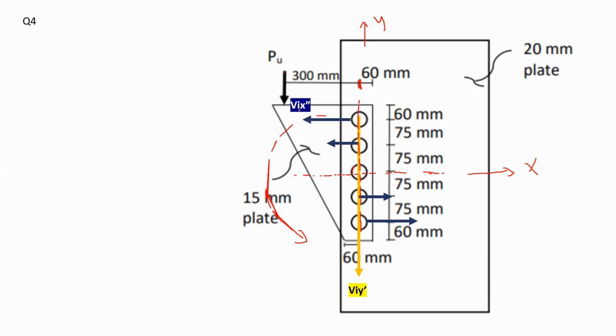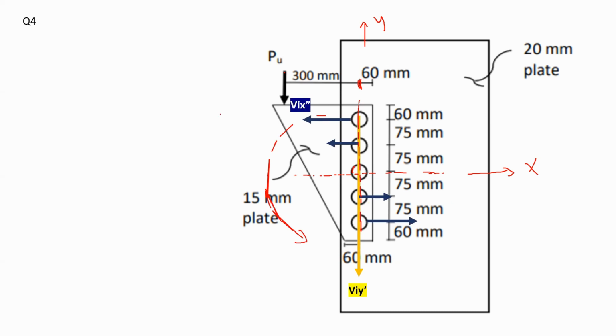So I denoted it with VIX double dash because it's coming from the torsional force caused by PU. The shear force would be the maximum at the bolt that is very far away from the center of the group of bolts. That's why here you see a big arrow, and it decreases as you get closer to the center of the group of bolts. And it changes direction as it causes rotation.